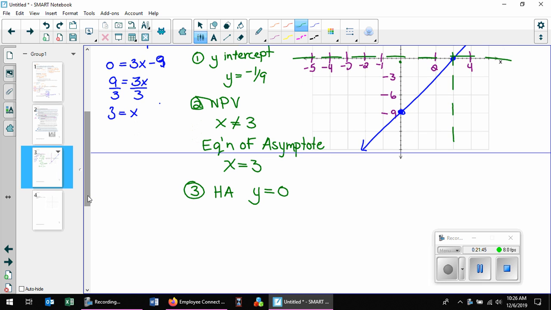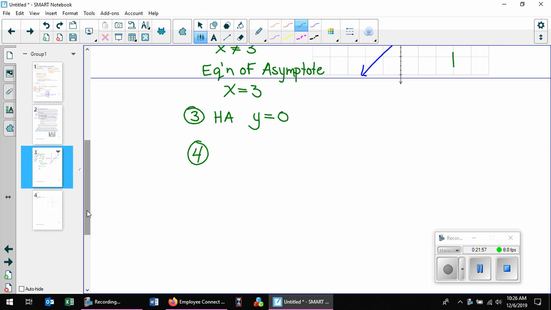So I have put my boundaries on my graph. Now I'm going to look at that vertical asymptote. I know my vertical asymptote occurs at 3, and that's undefined, right? You guys are so far here?